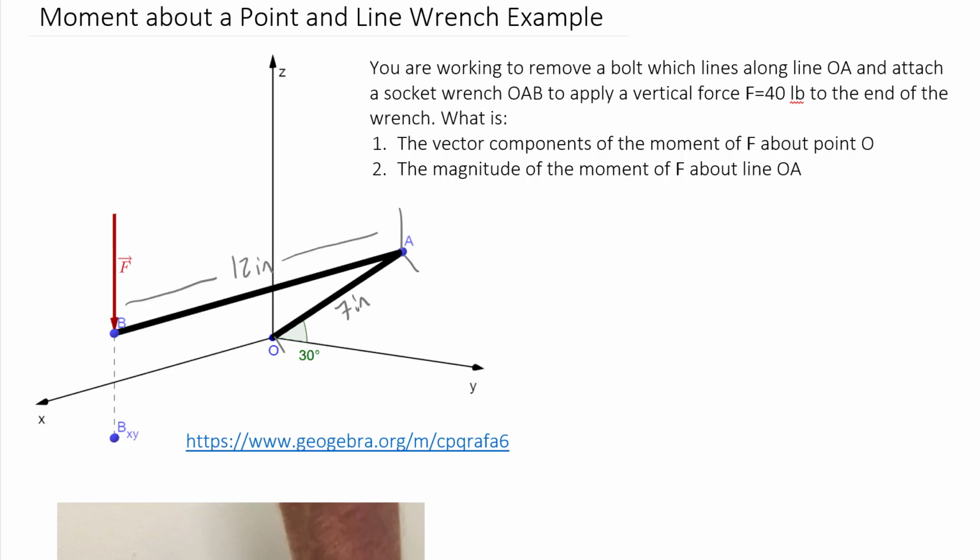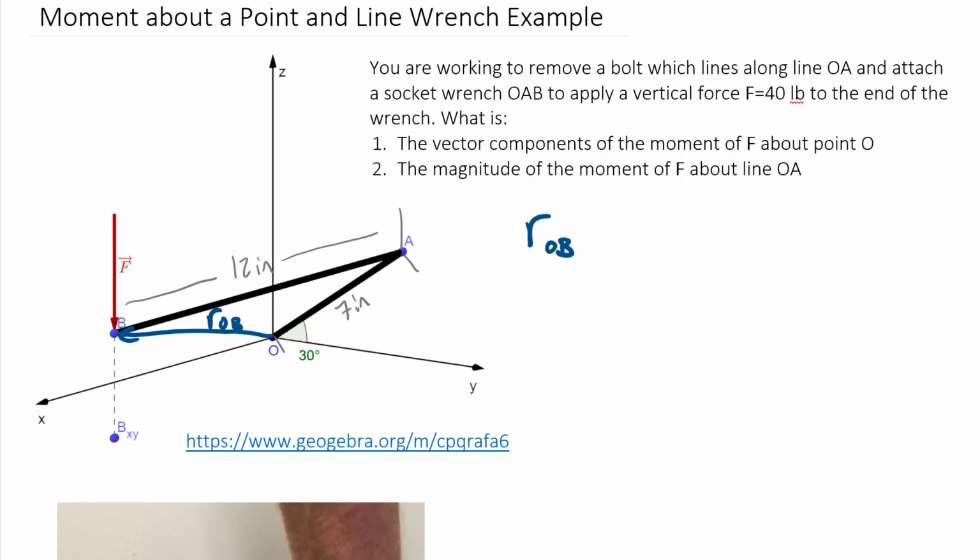As we think about what moment arm to use for part 1, we typically want to go from the point of interest to the line of action of the force. We technically could pick one of two lines. The most obvious one is r_OB, from point O to point B. So that would look like this.